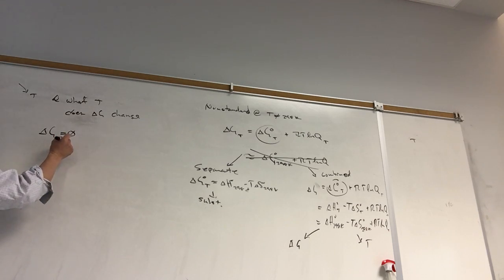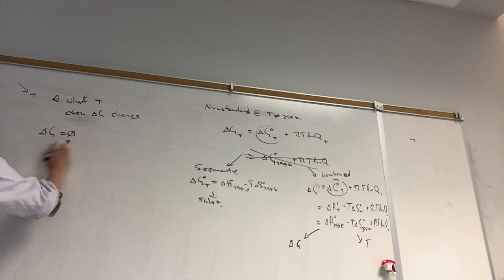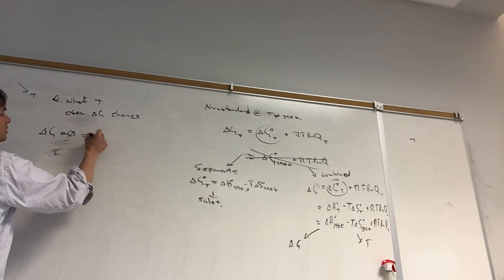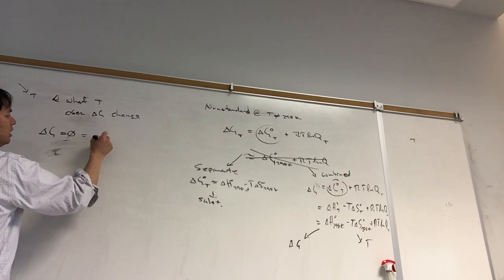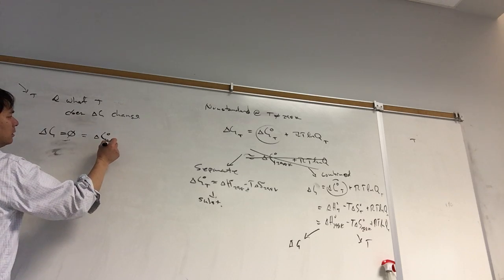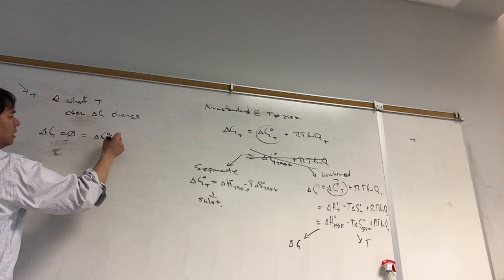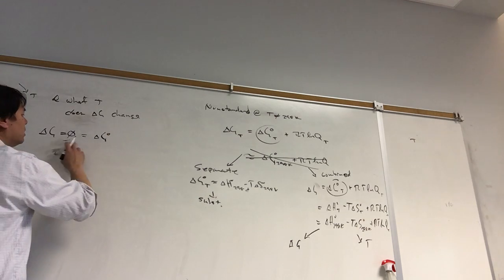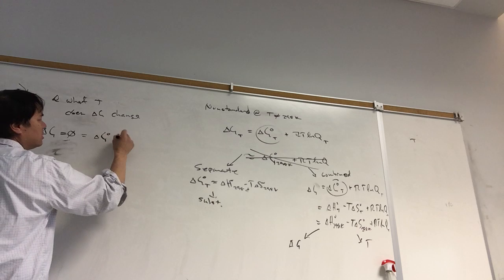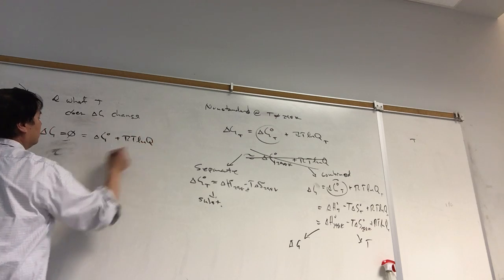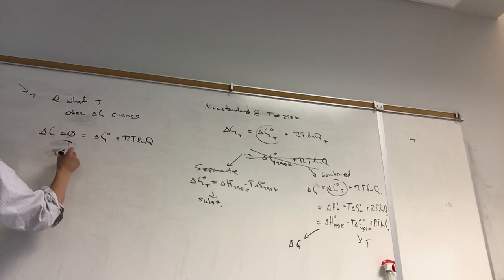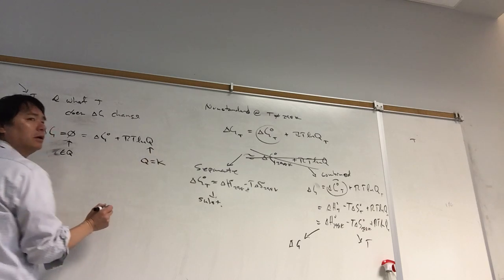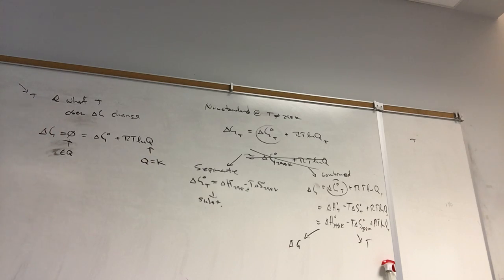And so here's the transition point, or I shouldn't say, it's not a phase transition, but delta G is equal to 0, which is equal to delta G naught plus RT ln of Q. But this is at equilibrium, and therefore, if we're at equilibrium, Q is equal to K, right?